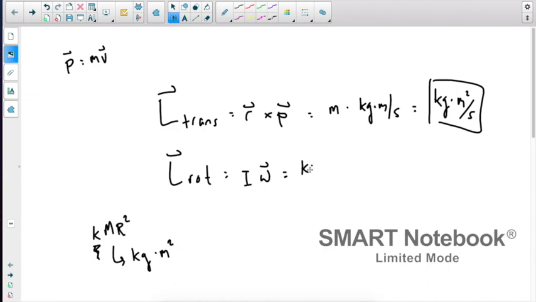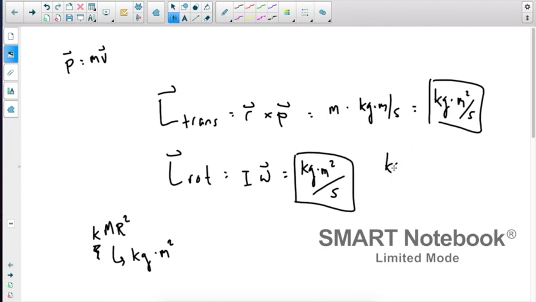So we get kilogram meters squared. And then angular velocity, what unit does that have? It has radians per second, but a radian is a unitless concept. So that just brings to the table per second. And of course, we can see that these are exactly the same. So angular momentum has units of kilogram meters squared per second.